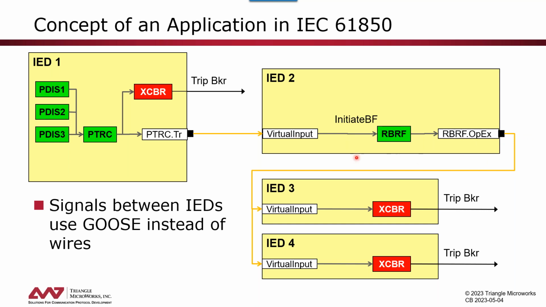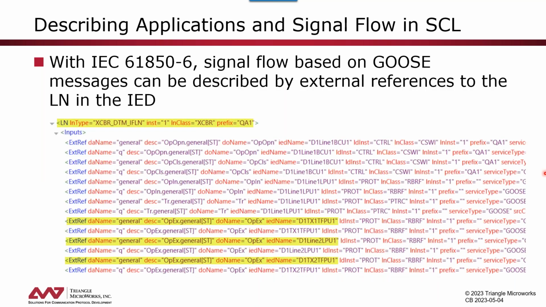In a similar way, the external signal will go to all the IEDs that interface to the neighbor breakers. That's basically how the application is looking in IEC 61850. In a conventional world, as already mentioned, you would just have wire diagrams showing these wires. In IEC 61850, in our data model with the IEDs data model, we can now also provide inputs.